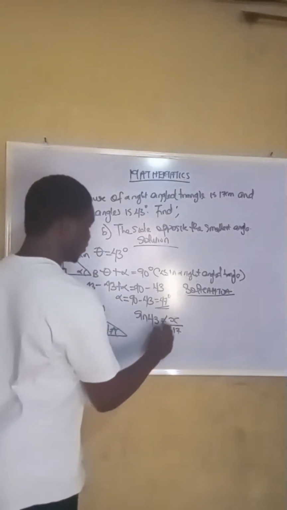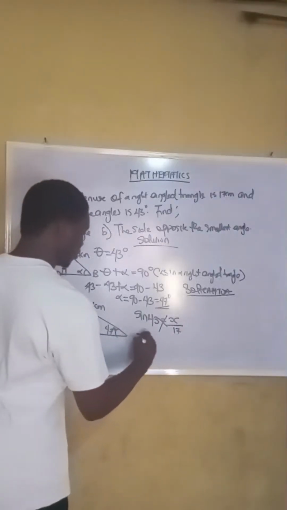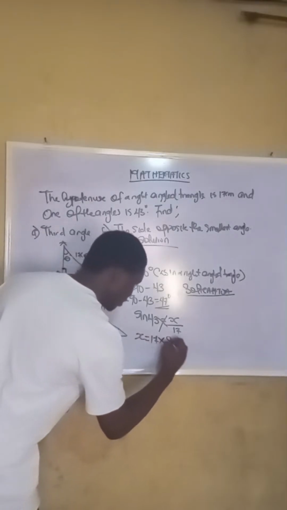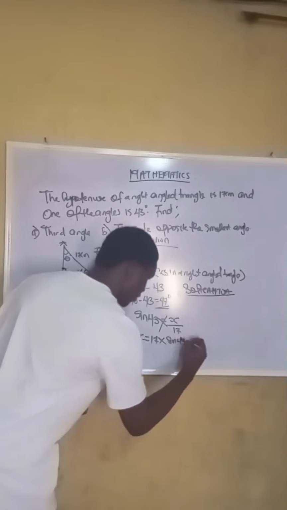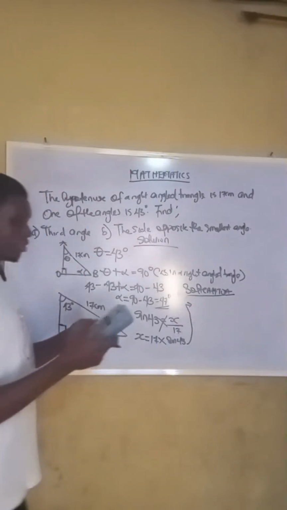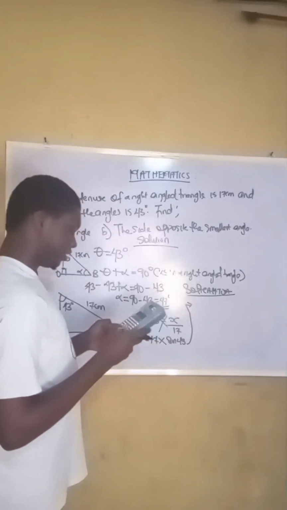If we cross multiply, x is equal to 17 times sine 43.